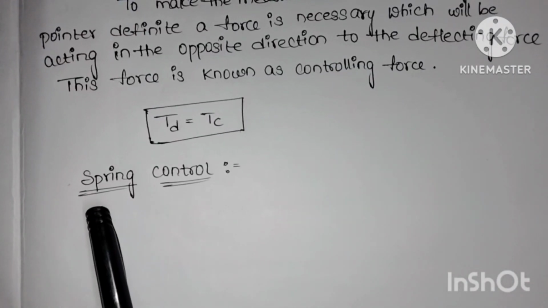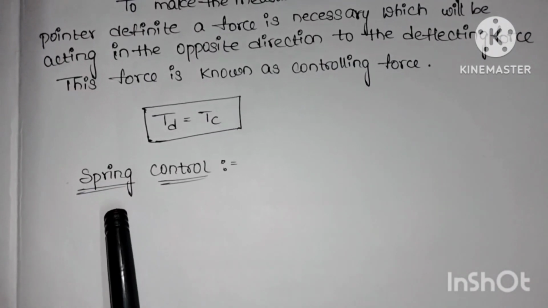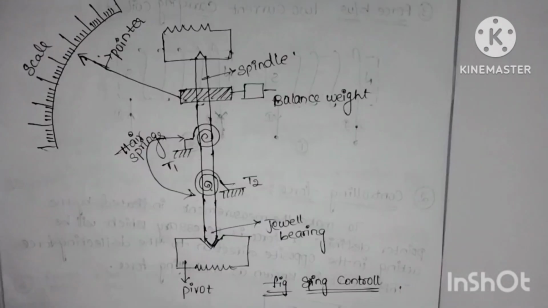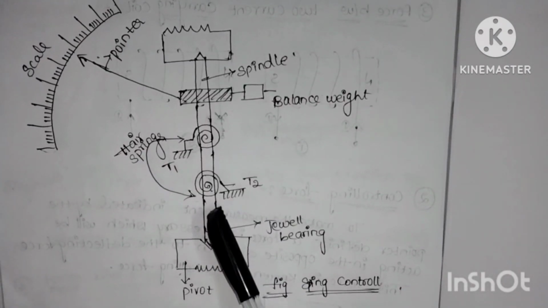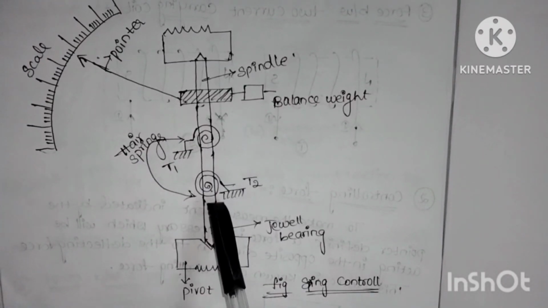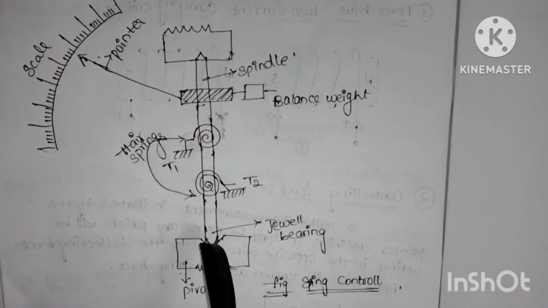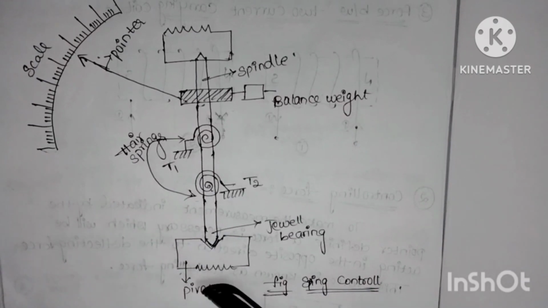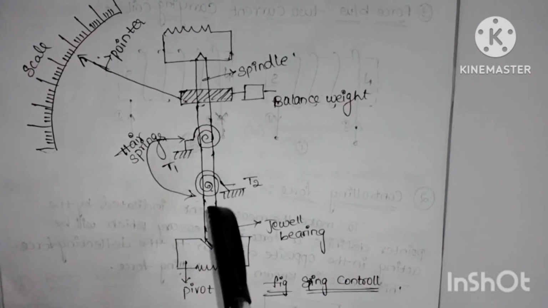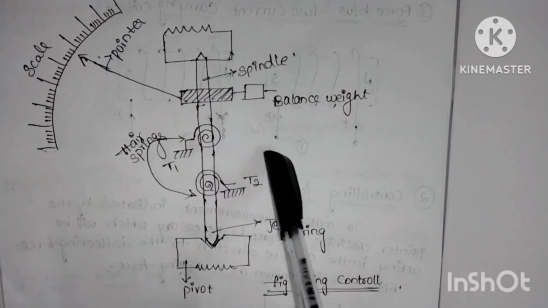Controlling force is produced by spring control. Two springs are placed at either end of the spindle. This spindle is fixed to jeweled bearings. The frictional force between pivot and jeweled bearings will be minimum. The springs are made up of phosphorus bronze.